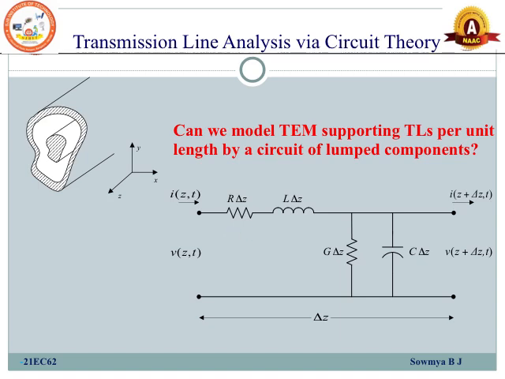In the transmitting section we have a resistance, taken per unit length, represented as R into delta z. With the resistance we have the inductance, represented as L into delta z. With respect to this, a parallel combination of G into delta z and C into delta z, and at the output terminal the voltage changes as V of z plus delta z comma t, and the current also changes as I of z plus delta z comma t.